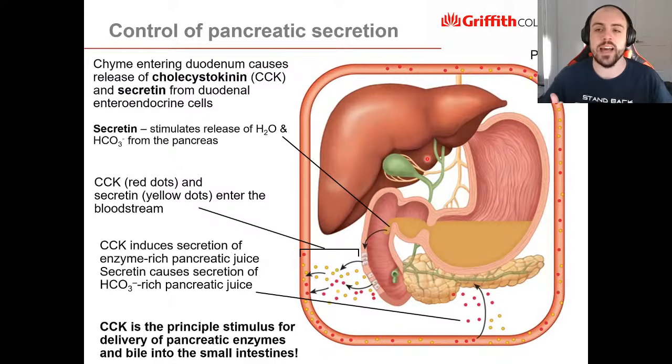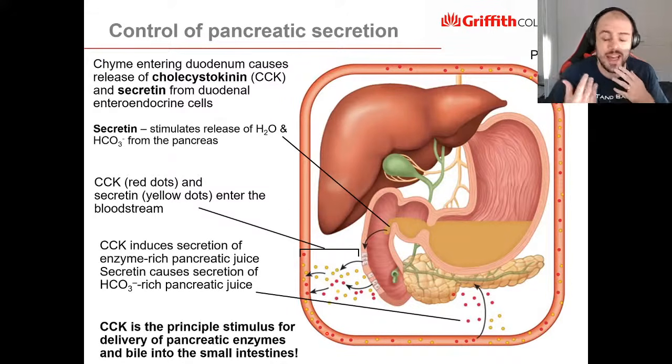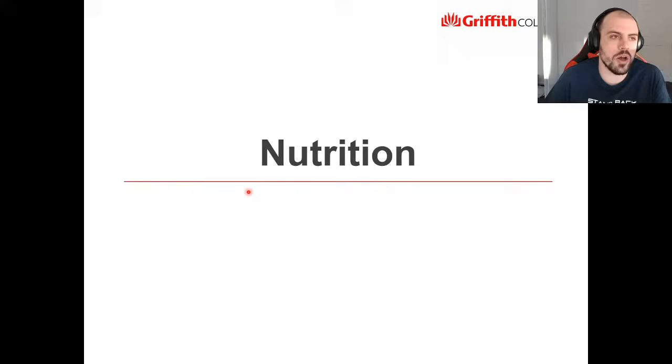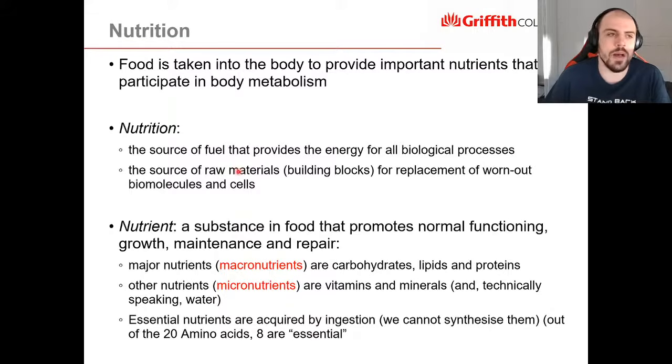It's basically the kickstart, okay, to get these juices into gear. Because we don't want to just be releasing these valuable hormones, enzymes and stuff like that all the time, because there's no need. It's a waste. So that's what we did a lot of, not last week, the week before rather, in week 6.